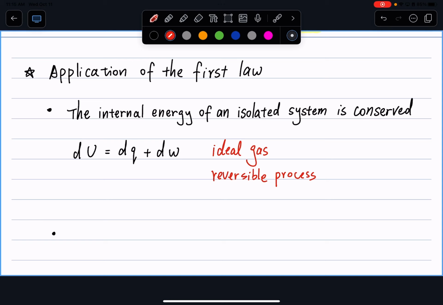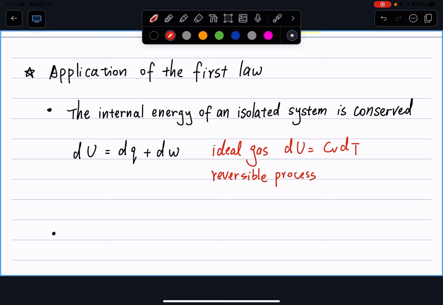Now, using these two relationships, if it is an ideal gas, we have dU equals Cv dT. That's what we just showed for ideal gases, for a reversible process, PV work, and a closed system.